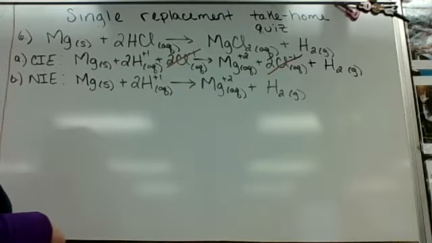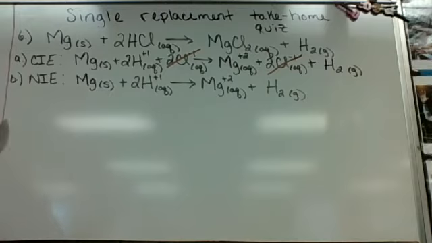Any questions about complete ionic and net ionic equations for single replacement reactions? I should make mention you can only cancel out those that are exactly the same. They have to have the same charge, same phase, everything.